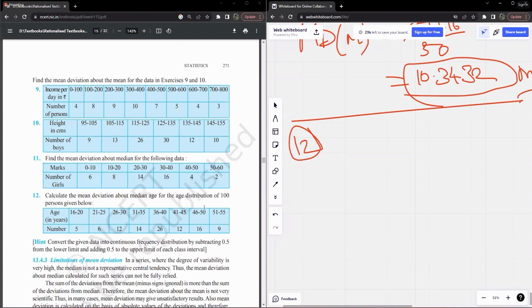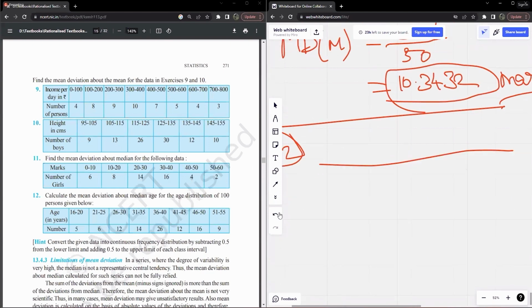Having said that, I'll now proceed with the question. I'll rewrite the data. So this is going to be 15.5 to 20.5, and so on. Actually, I'll not do this.